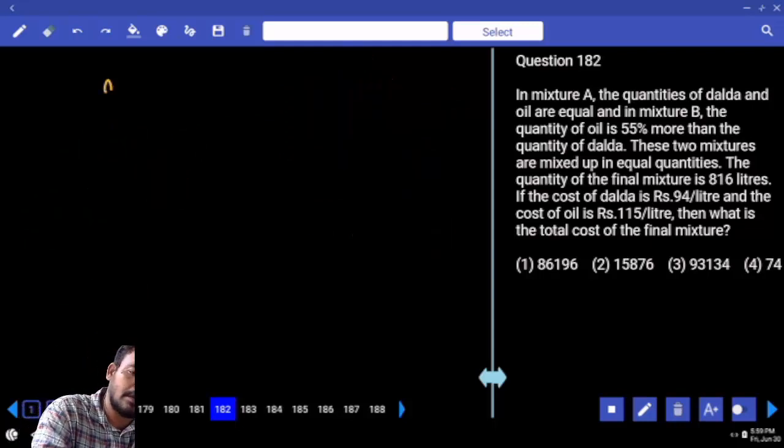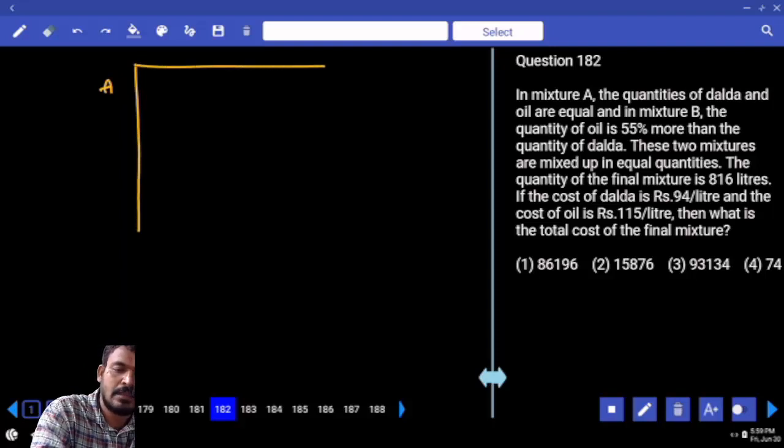First, mixture A has dalda and oil in the ratio 1:1.